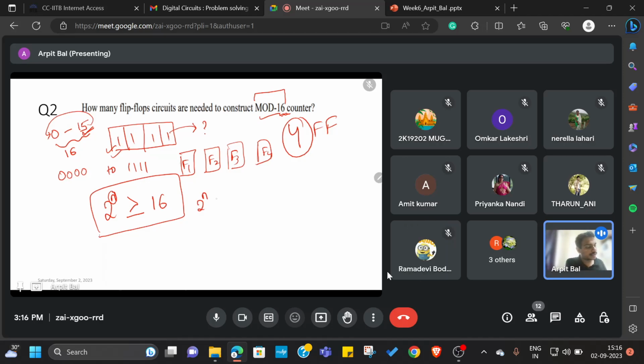You just need to write 2 to the power n should be greater than or equal to 14, and then you solve the equality 2 to the power n equal to 14. Whatever value you get, you take the nearest integer so that this condition is satisfied. You can use this formula as well. Otherwise, if you want to do it logically, you can do it logically in this fashion as well. So this question is clear, I am assuming.